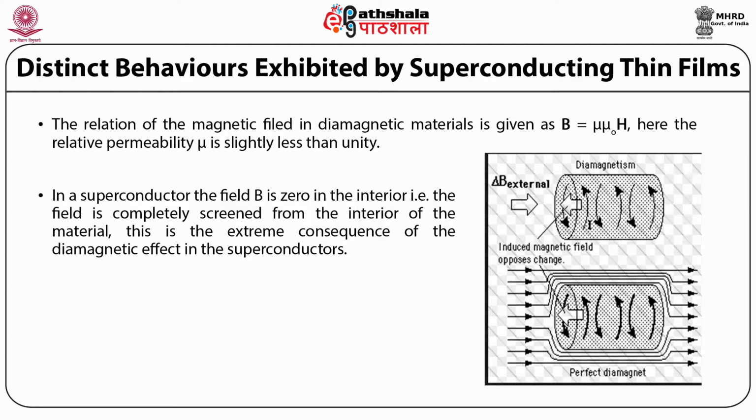That is, the field is completely screened from the interior of the material. This is the extreme consequence of the diamagnetic effect in superconductors. Hence, in superconductors, the relative permeability is zero, and the same is illustrated in the figure.